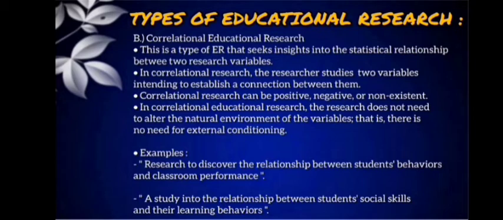In correlational educational research, the researcher does not need to alter the natural environment of the variables, that is, there is no need for external conditioning. For example, research to discover the relationship between students' behaviors and classroom performance. A study into the relationship between students' social skills and their learning behaviors.